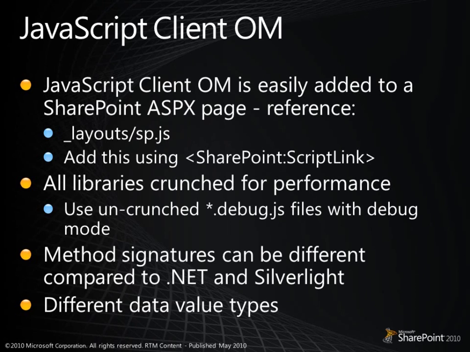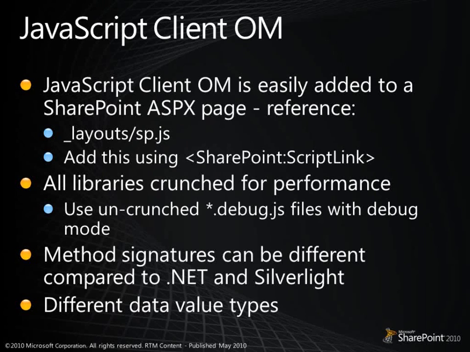All JavaScript files are crunched for performance, which means that the size of the JavaScript files has been minimized to decrease the page loading time. There are also debug-enabled versions of the JavaScript files available. You can toggle which file versions are used in SharePoint by modifying the script mode option in the web application configuration file.